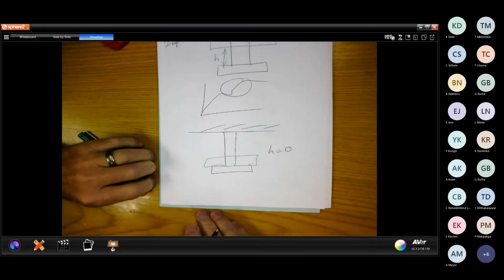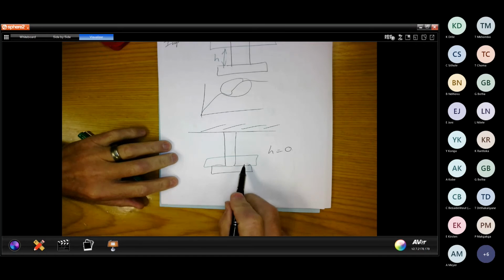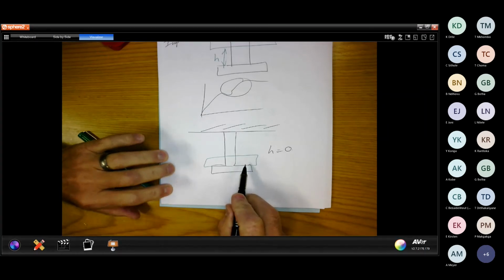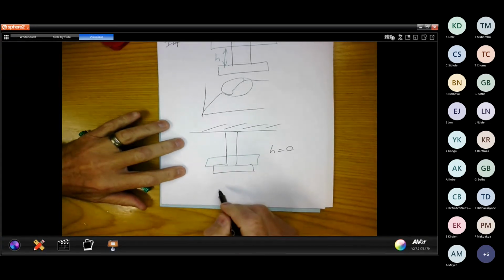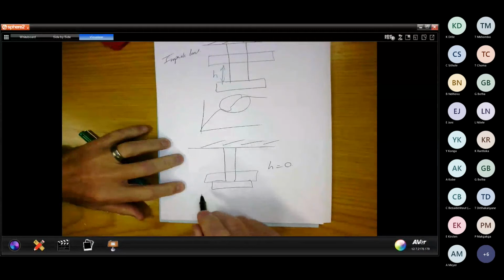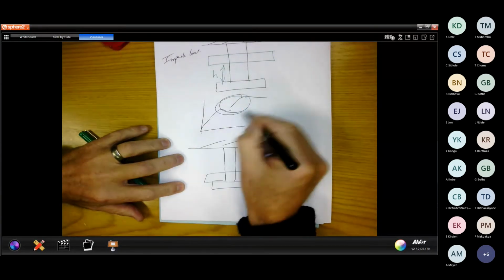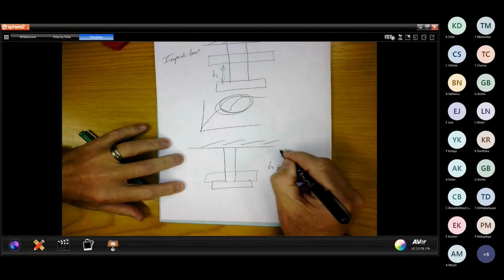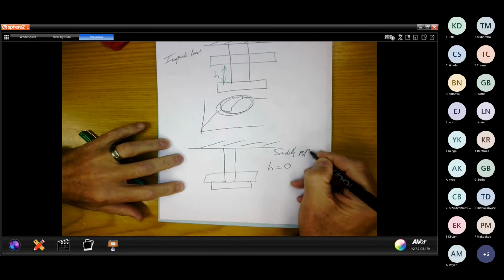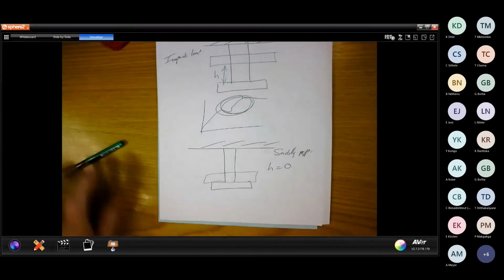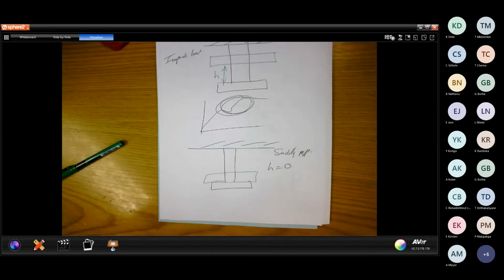I do not pick it up, but because the weight is so heavy, when I release the weight, there will also be a change. It does not go back to its original length, it's also somewhere there. That one we call suddenly applied. That means you have three conditions: gradually applied, impact load, suddenly applied.